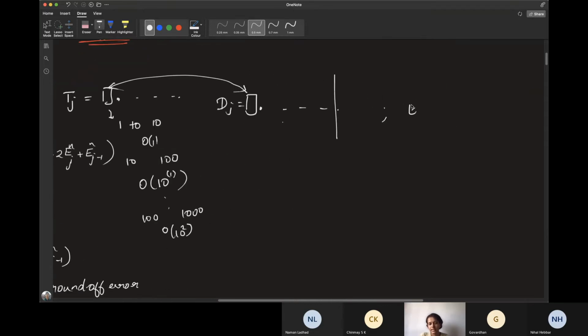If you look at Ej, that is only the difference between Tj and Dj. So Ej will be of that order. Let's say Dj has taken values of Tj up to, say, 10 digits.